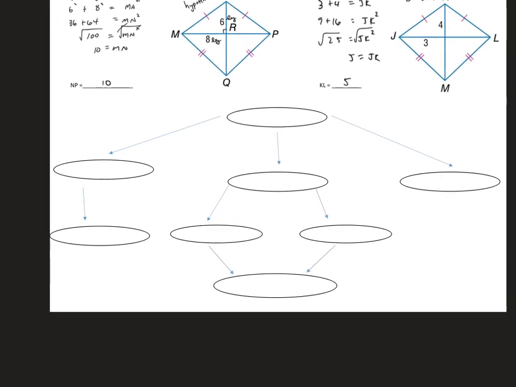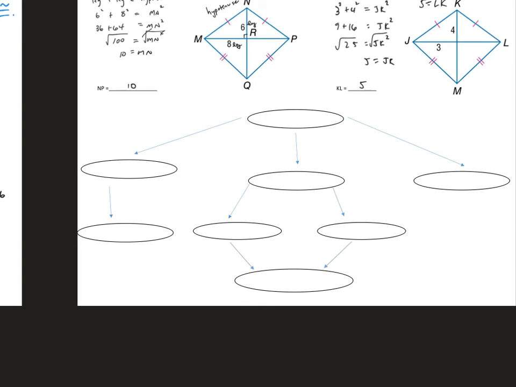So what I have here is our hierarchy chart. We're going to complete it. What did we study? We studied quadrilaterals. And then we studied a specific type of quadrilateral where they have one pair of parallel sides, and that's what we called a trapezoid.